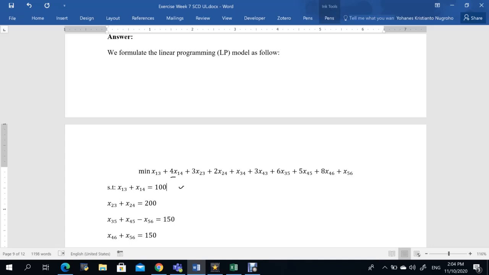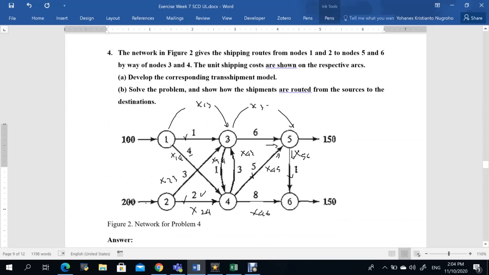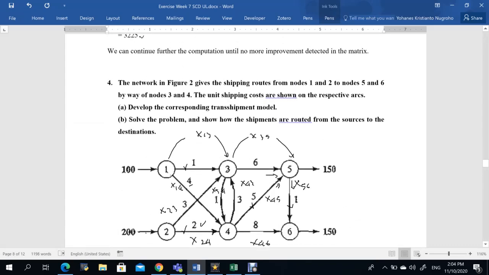And the third constraint is the material balance at node number 3, that is x34, plus x35.